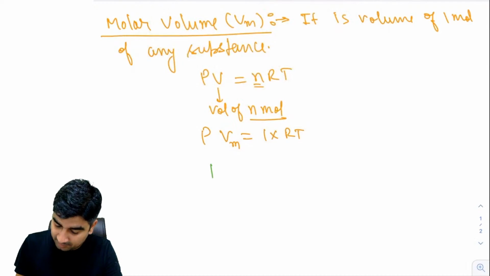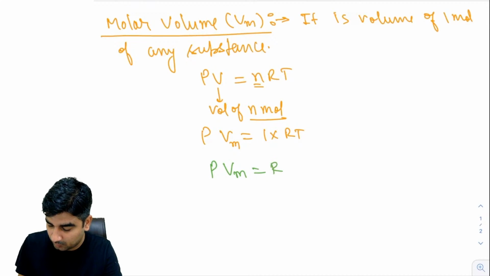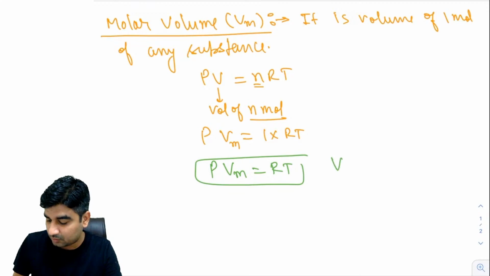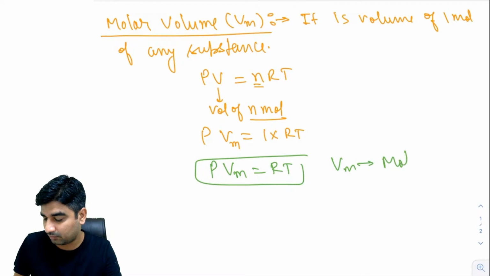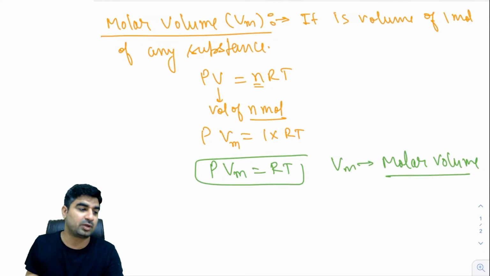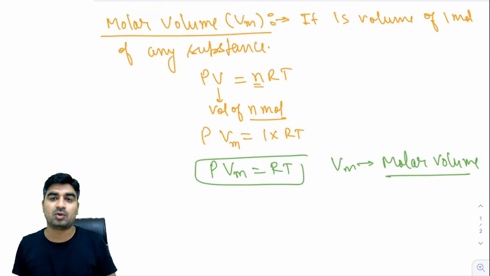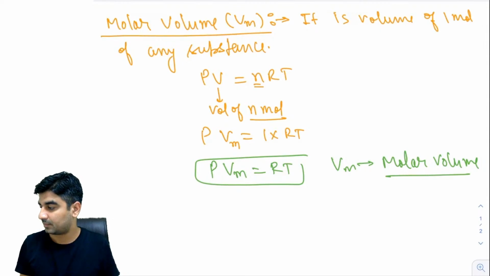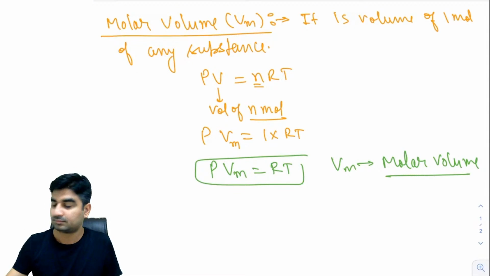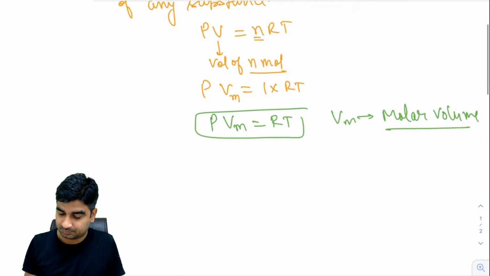So I will get PVm is equal to RT. So this Vm is molar volume. When we put n is equal to 1, it becomes molar volume. Any doubt? Let me know.